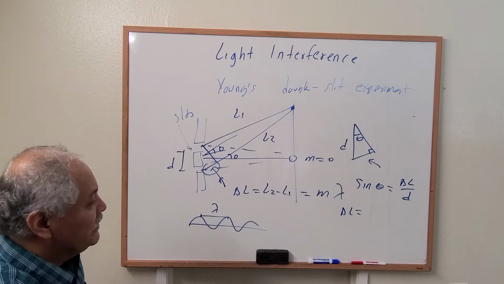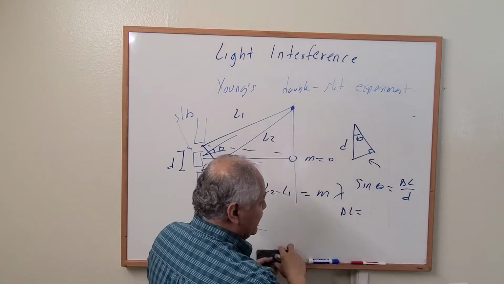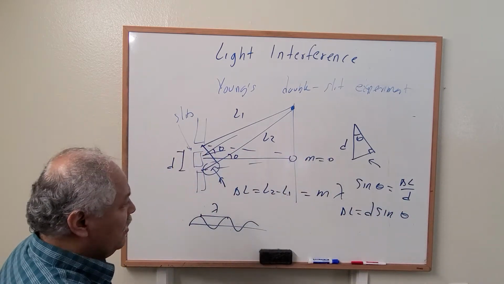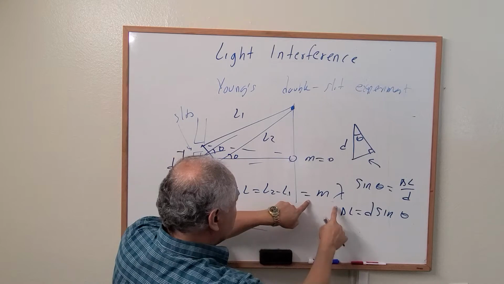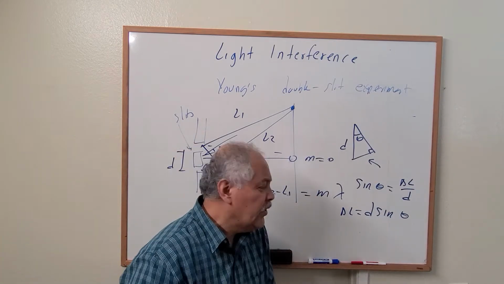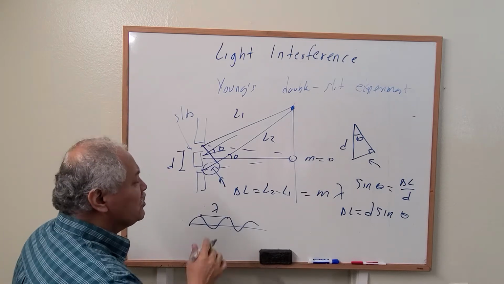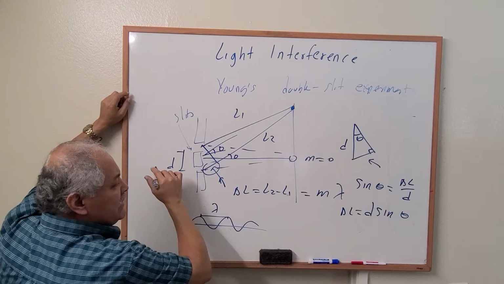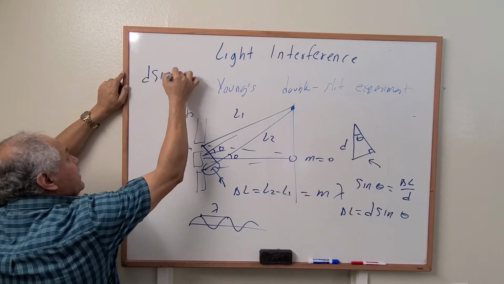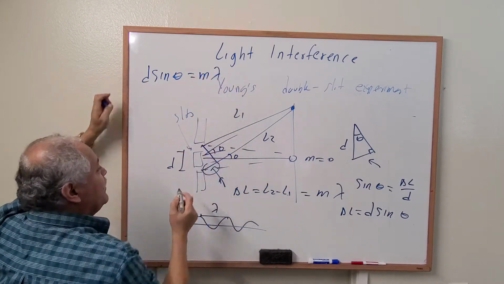Now, what do we have then? We have that delta L is equal to d sine theta. But this delta L must be equal to this, a whole number of wavelengths. So we have the condition for this Young double slit experiment: to get constructive interference, we need this relationship, d sine theta equals m times lambda.